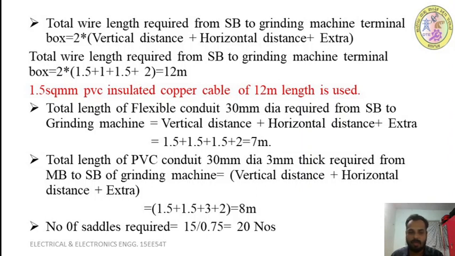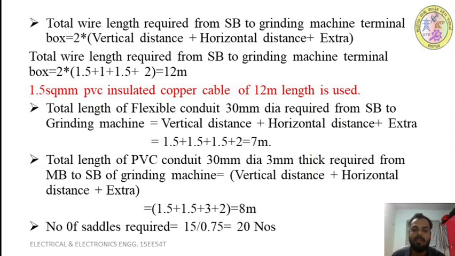What is the vertical distance you require? 1.5 meter from your switchboard to the ground, that is the vertical drop, and again a vertical rise of 1.5 meter at the machine side, plus horizontal run is 1.5 meter, plus extra we are considering 2. So that is equal to 7 meter. So flexible conduit is required of 30 mm dia.